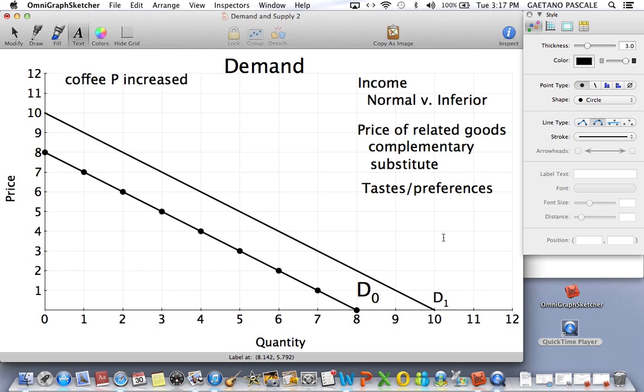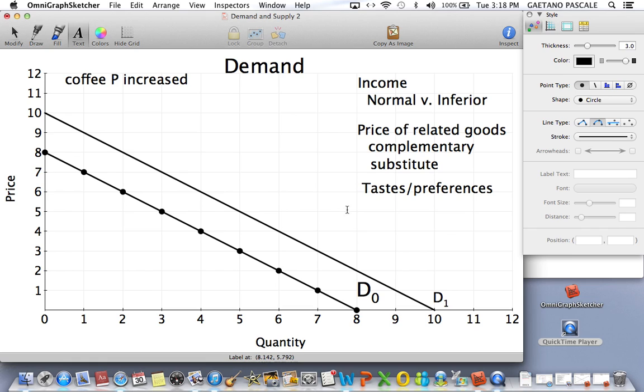So the demand for beer has increased in China because tastes and preferences have changed there. So realize that people's tastes and preferences change over time. What is popular 10 years ago is not popular now. Musical styles that were in vogue in the 1980s, heavy metal, hair bands, etc., that's not popular anymore. So people's tastes and preferences change over time.